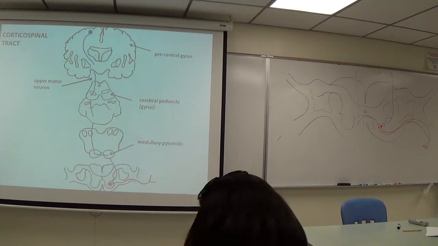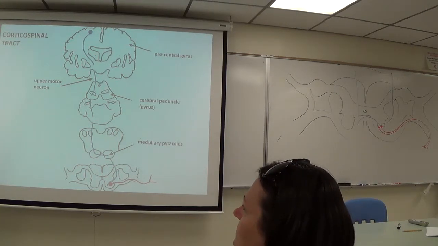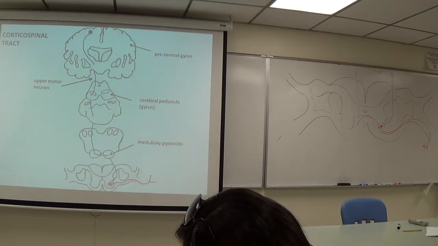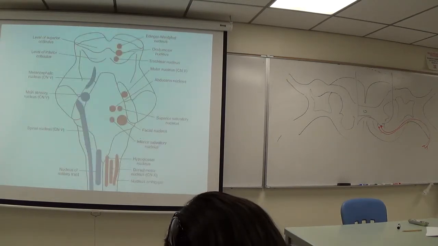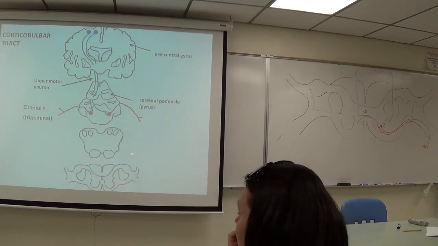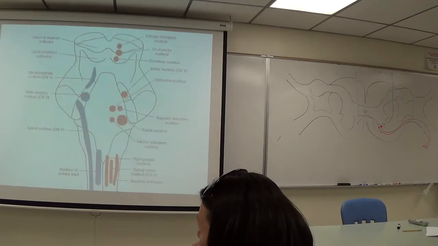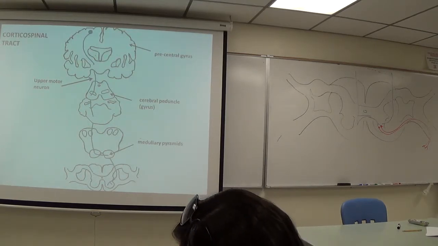Because the cell body is in our precentral gyrus, you know that this is under conscious control. You're actually making a conscious decision to innervate and contract or relax these muscles. So corticobulbar goes just to the brainstem. Corticospinal, same type of function. Voluntary control, but it goes down to the spinal cord.